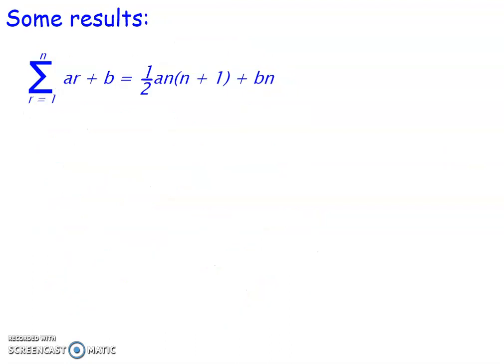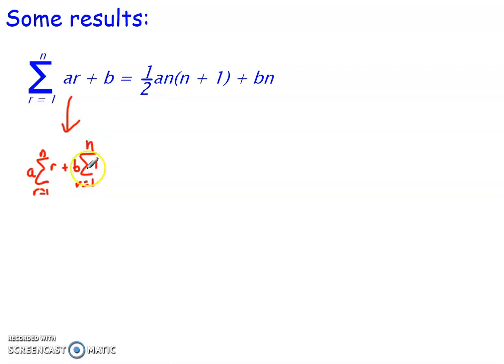So this final property we have to realise is that I'm looking for the sum of r equals 1 to n of ar plus b is equal to half a n bracket n plus 1 plus b times n. Well, this one here, we can use the properties from earlier and actually split that up into a couple of different sums and end up with a times the sum from r equals 1 to n of r, plus b times the sum from r equals 1 to n of 1.